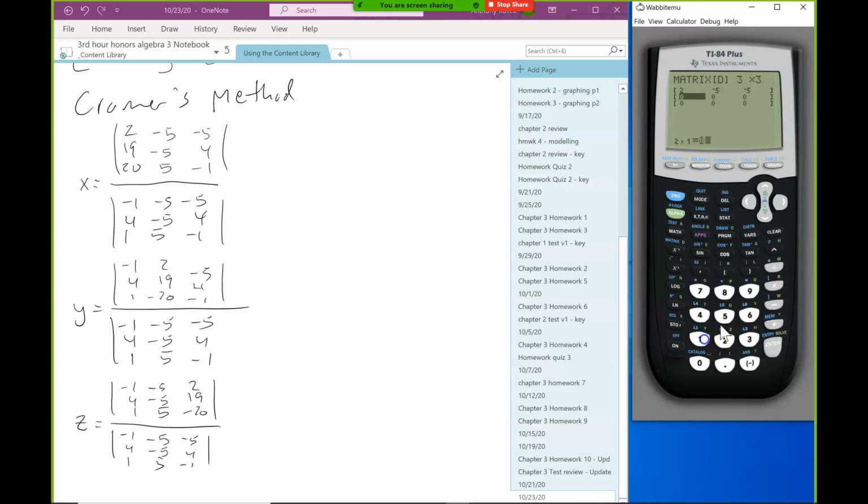It's very easy to make a typo, and that'll give you the wrong answer, which is kind of a bummer. So there's my matrix for x's. And we'll do the one for the y's.